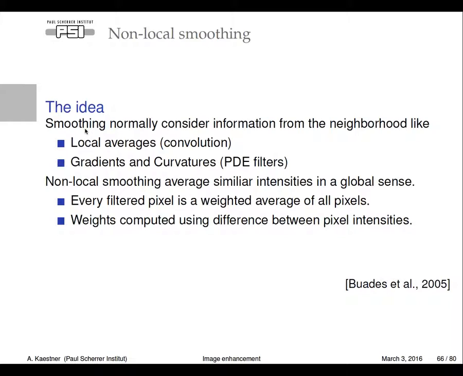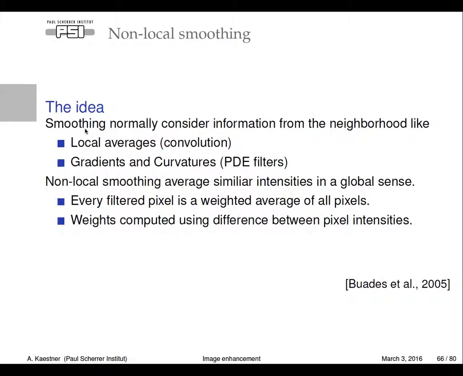And now I showed you some PDE filters where you look at gradients and curvatures. The non-local smoothing tries to average intensities that are similar to each other. It takes a pixel and compares it to another one somewhere in the image. Okay, we have about the same intensity, we smooth together. That also makes a very nice filtering effect.